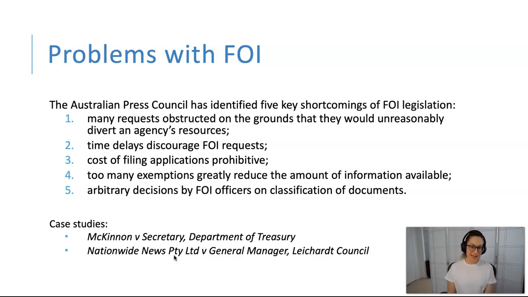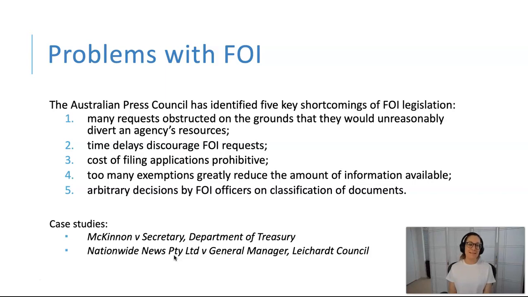The Australian Press Council and many journalists have identified a number of problems with the FOI regime in Australia. They claim that it is time-consuming and difficult and costly. So often the claims are that agencies actually take longer than the timeframes designated in the Act to make decisions, or that they rely particularly on the practical reasons refusal to deny permission to access certain documents.